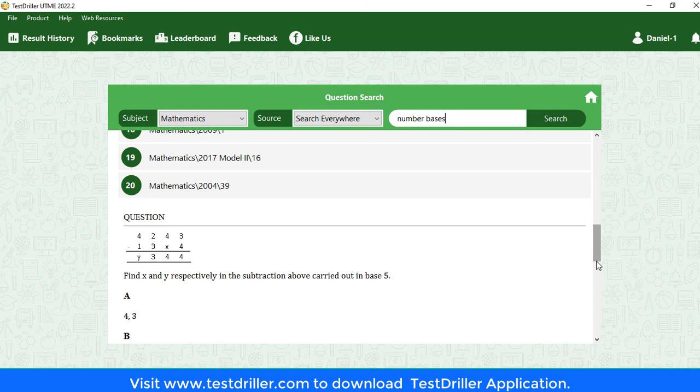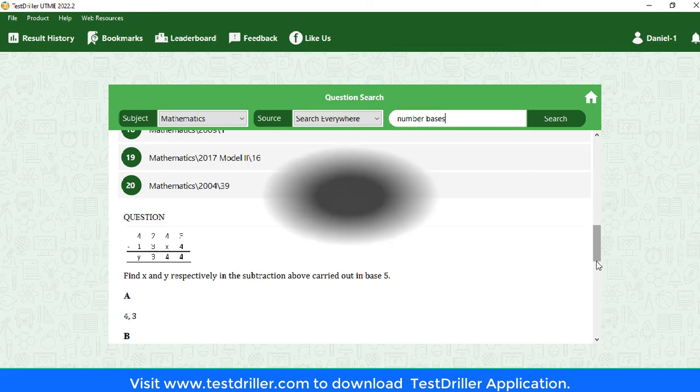And we've been given the answer. So the question is more or less: what should be the value of x and y that will make that subtraction a valid subtraction? And so we are to get the value of x and y such that when we perform this operation in base 5, everything aligns, or we get a valid answer. So let's take a look at how we're going to approach this, and let's solve it.